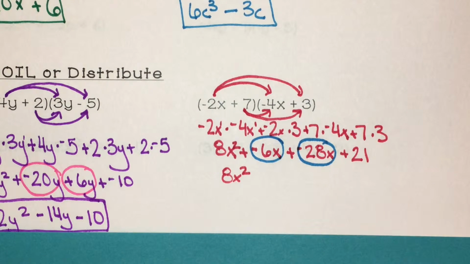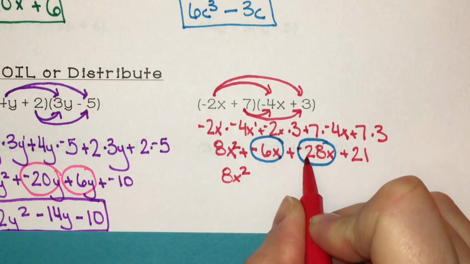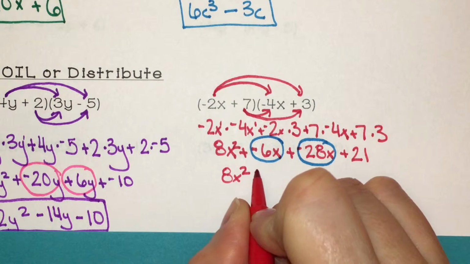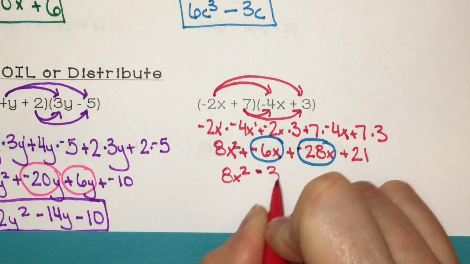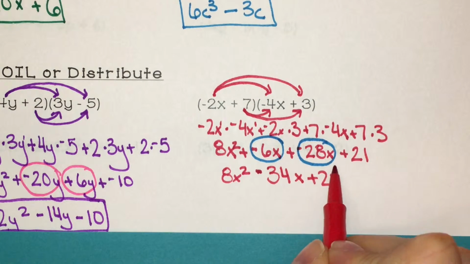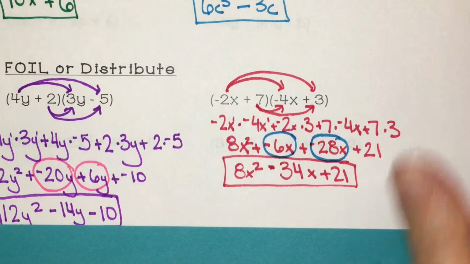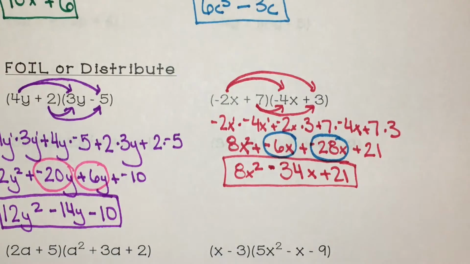It's very important that you don't forget that, because it's easy to leave it off if you don't notice it. Negative 6x plus negative 28x is negative 34x, plus 21, and that is simplified as much as possible. So those are multiplying binomials.